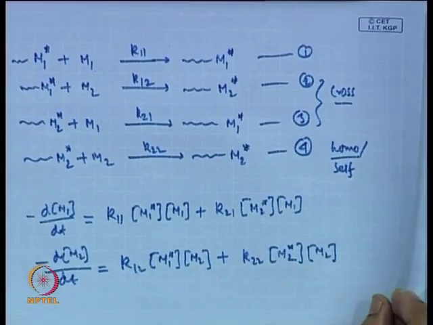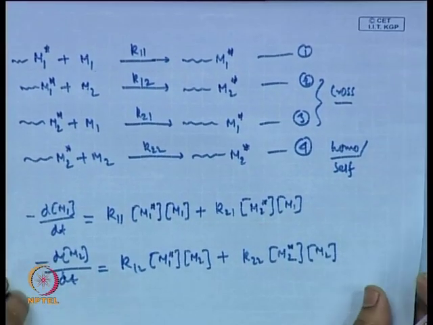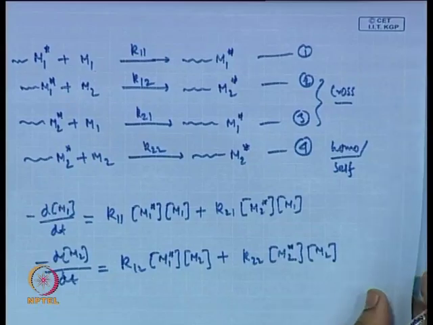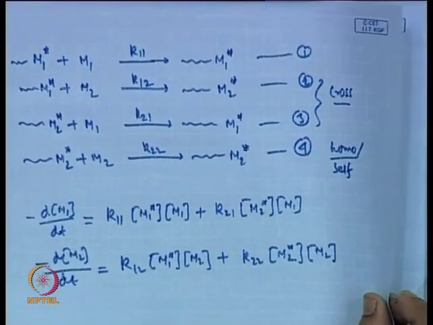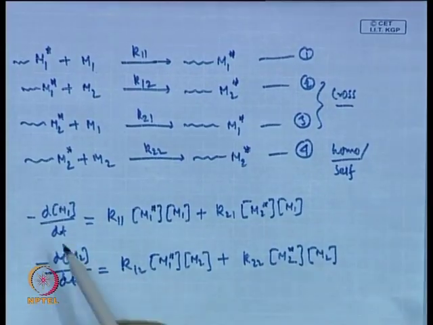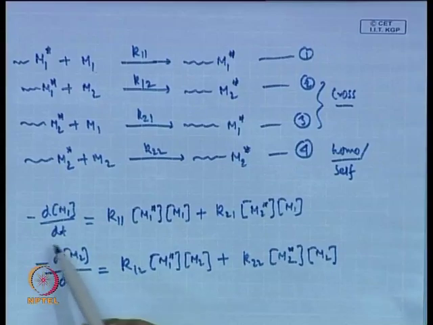Now, at any instance the rate at which M1 and M2 are getting incorporated in the copolymer chain will be given by the rate at which M1 and M2 are getting consumed.